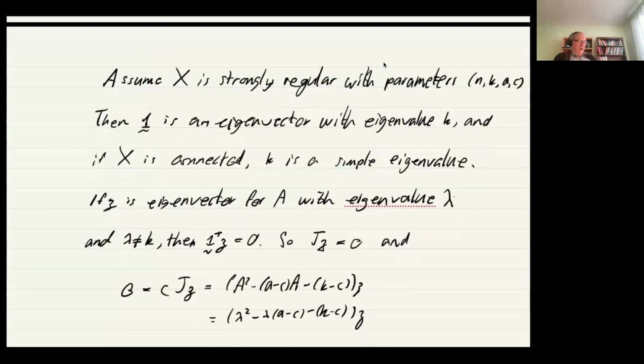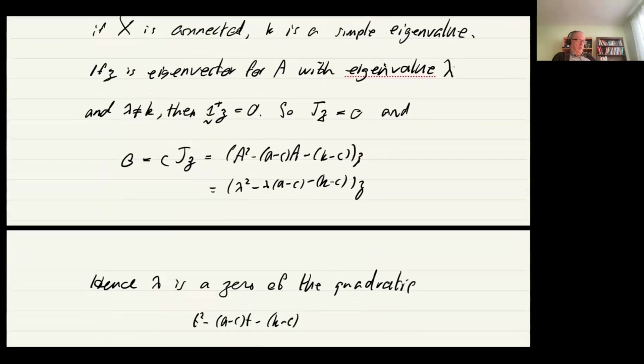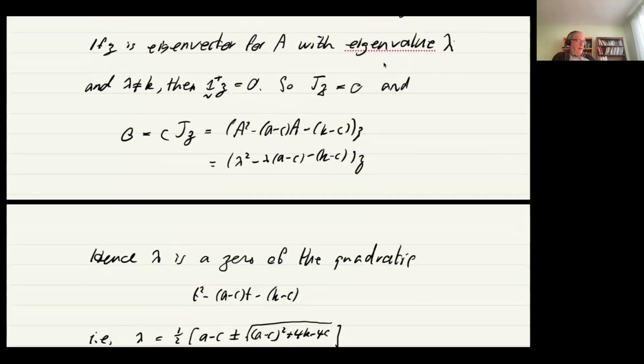So CJz is 0, and A squared z is lambda squared z, and Az is lambda z, and this is just k. So the conclusion is that lambda is a zero of this quadratic polynomial. So if the graph is connected, there are 2 further eigenvalues, the zeros of this quadratic polynomial, giving you 3 eigenvalues.